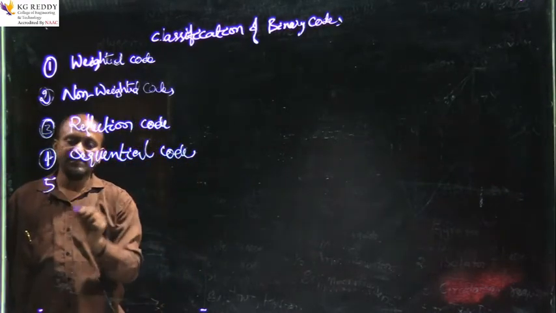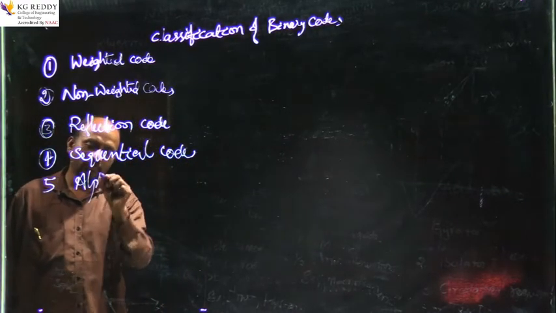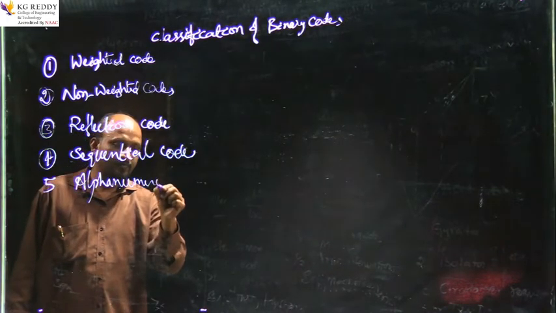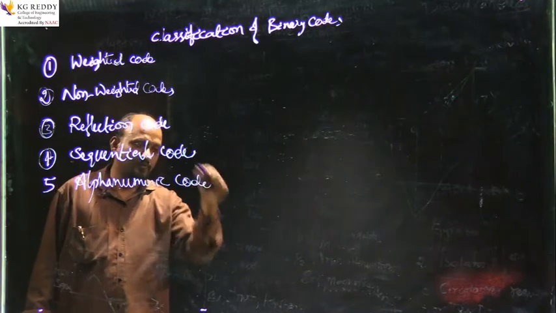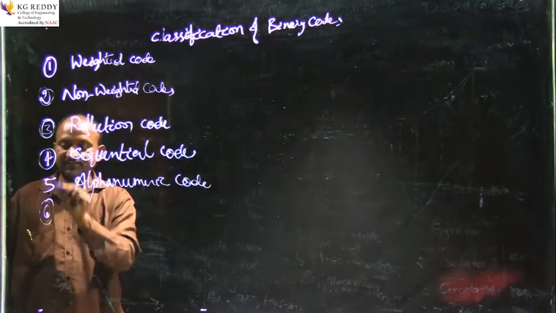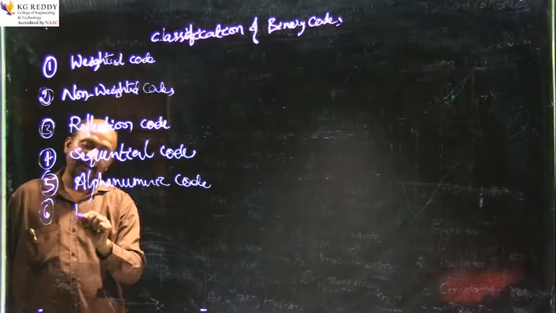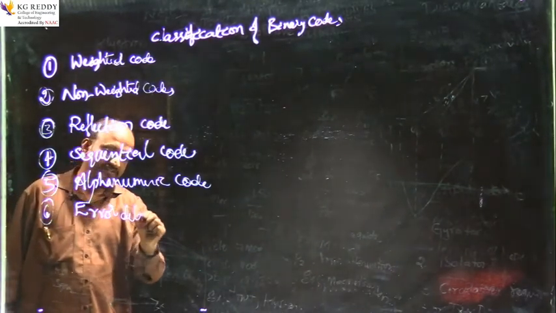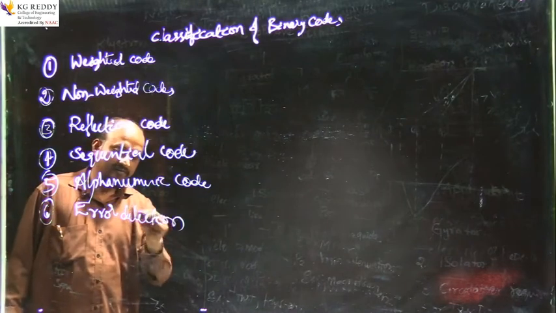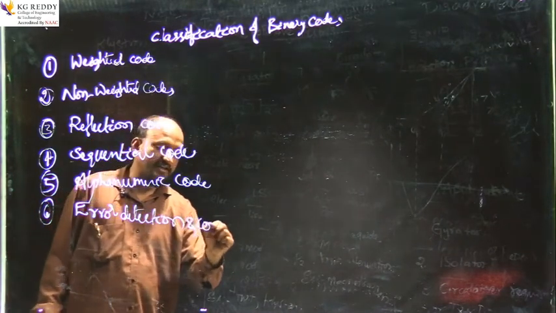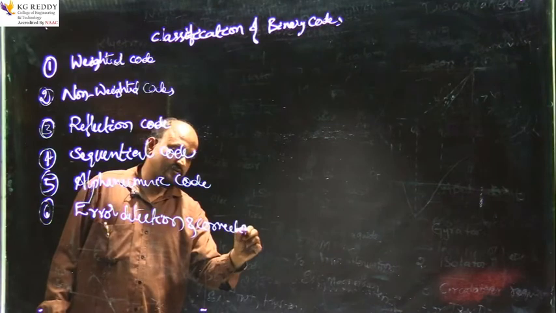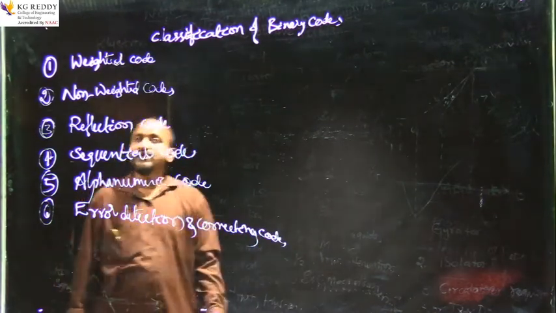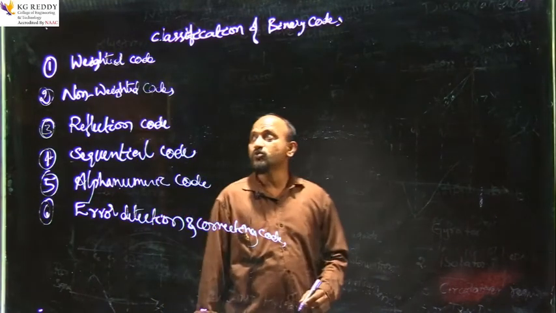The fifth one is alphanumeric code. Then the last, sixth one is error detection and correcting codes. We'll talk about each of them one by one.